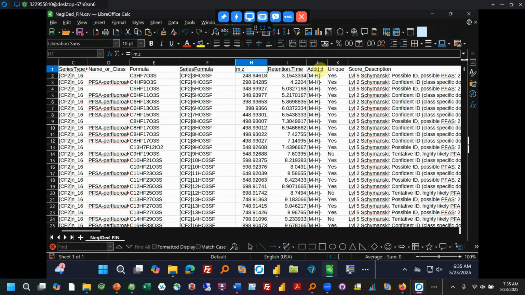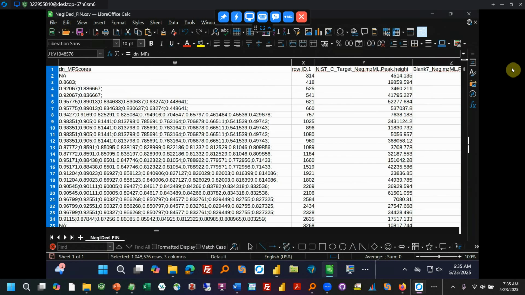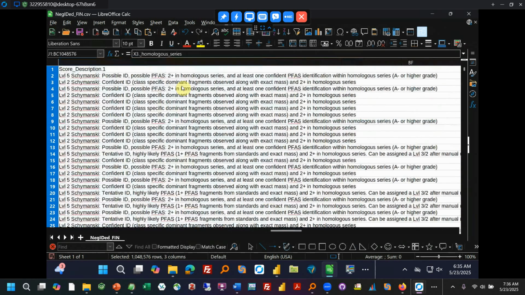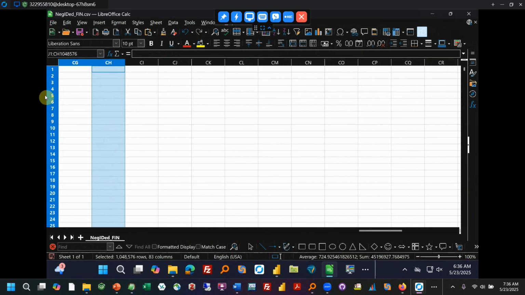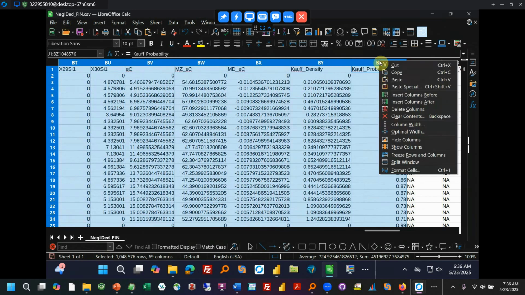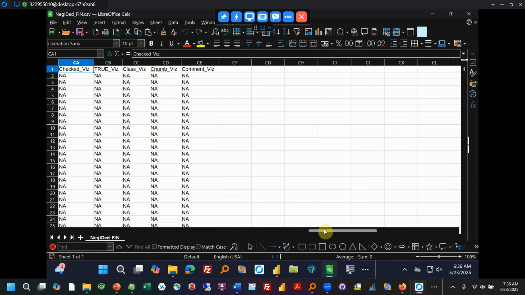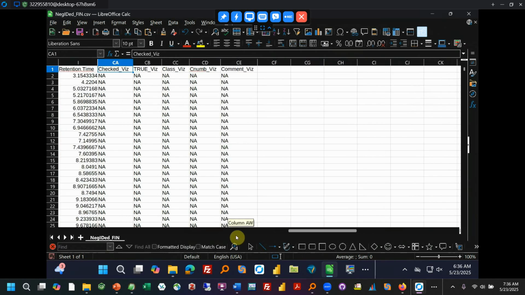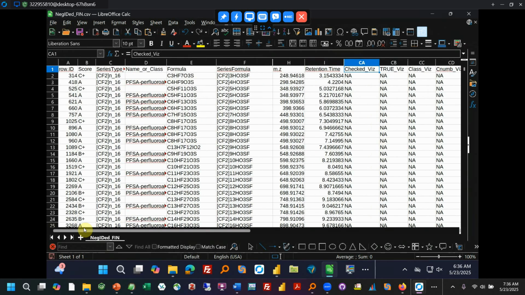We want our m/z, retention time, and then I'll probably hide the rest of the columns until we get to the end here, and then we want to keep our checked viz and the columns thereafter. And I'll show you why in a second, because those are the ones that we're going to be using to annotate.